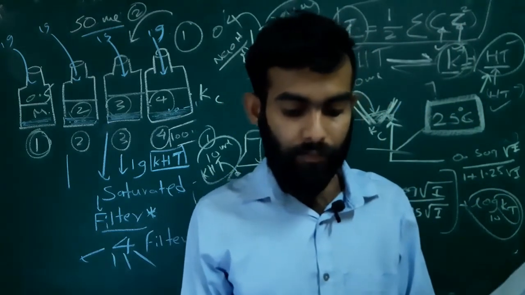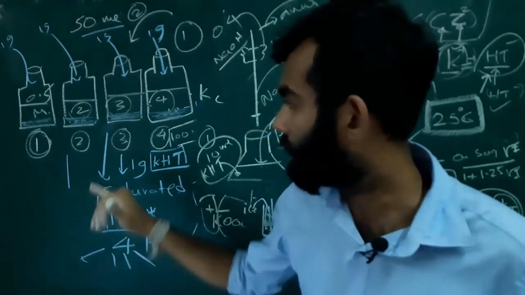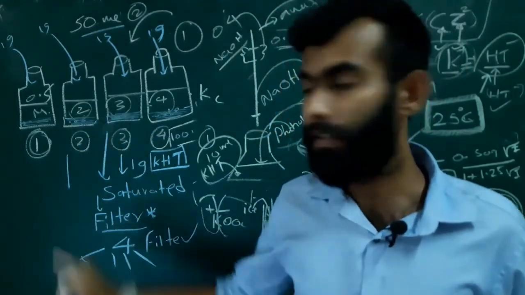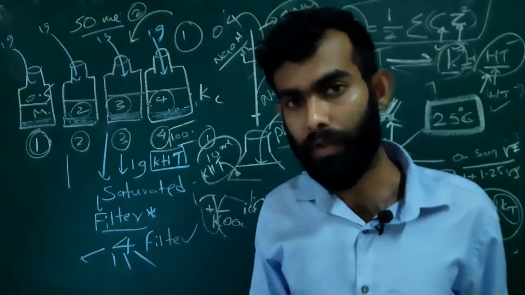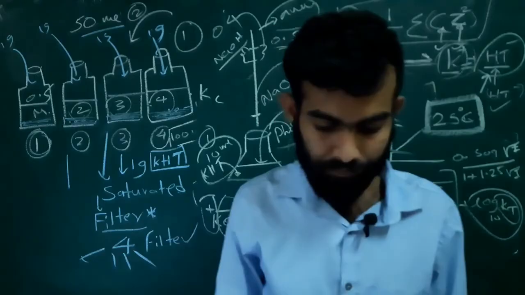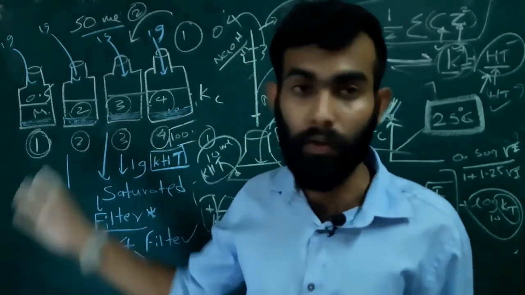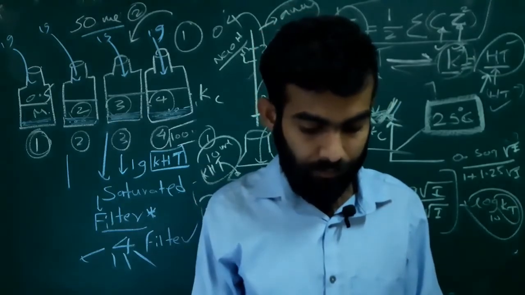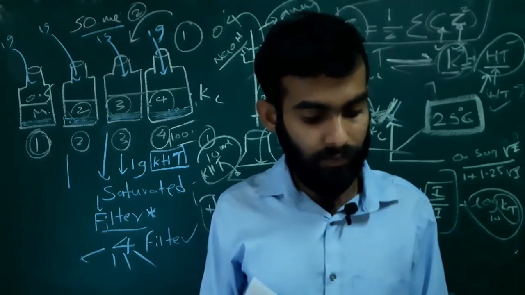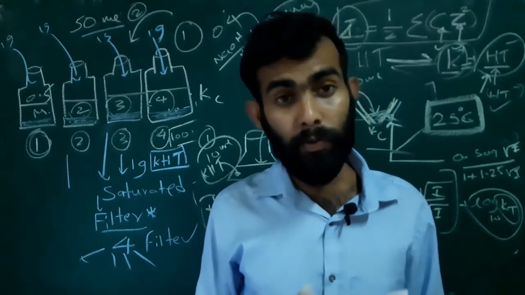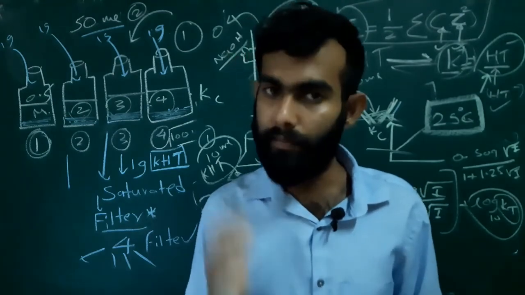To measure 10 ml of this reaction mixture, we use a 10 ml pipette or 10 ml graduated pipette. Okay. Those are the special things. Every time we have to label all the glasswares, and we have to clean all glasswares before using. We have to consider the temperature also. So those are the important things in this practical session.